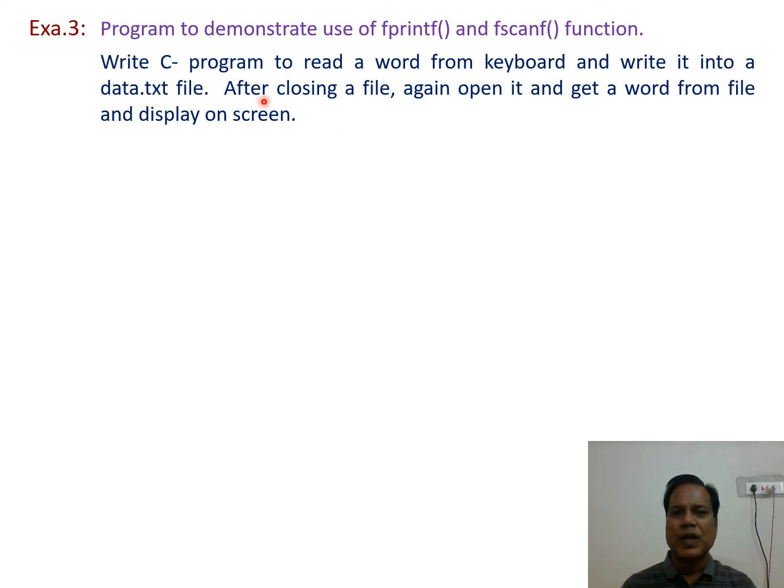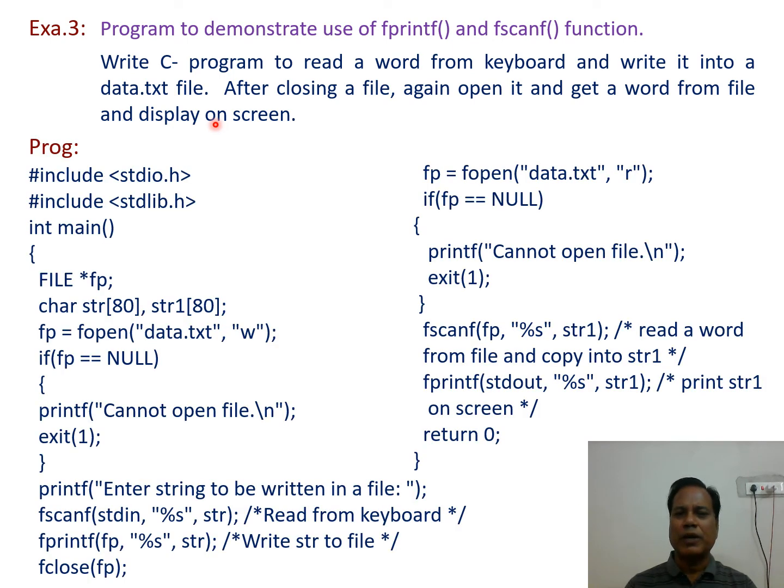After closing the file, again open it and get a word from the file and display it on the screen. So in this one we have to read a word from the keyboard, store that word into the data.txt file, close this file, reopen this file, read the data and display that on the output screen. So a program can be written like this one.